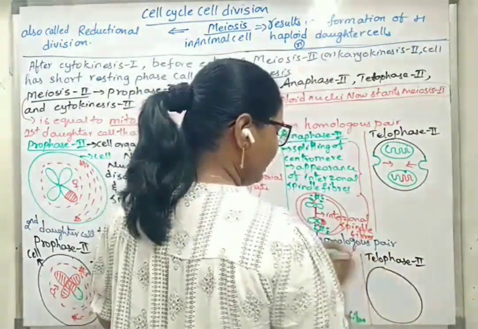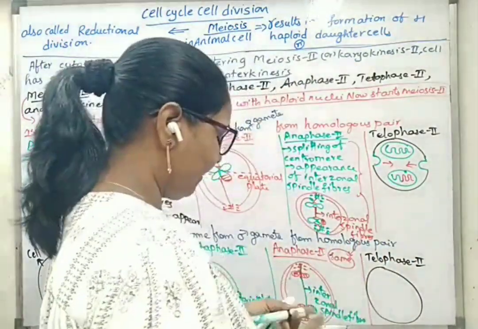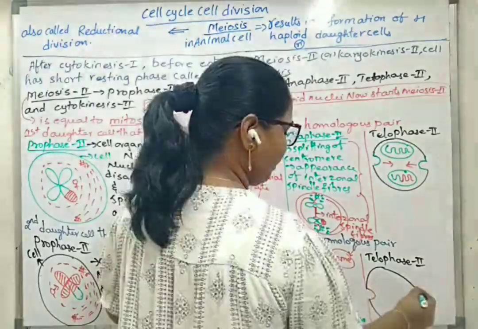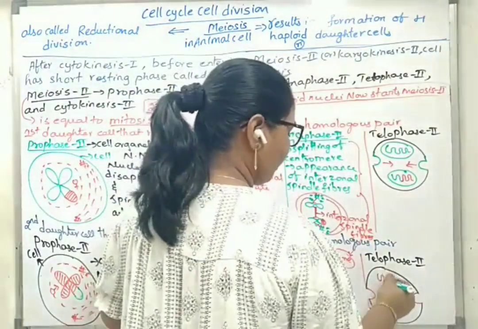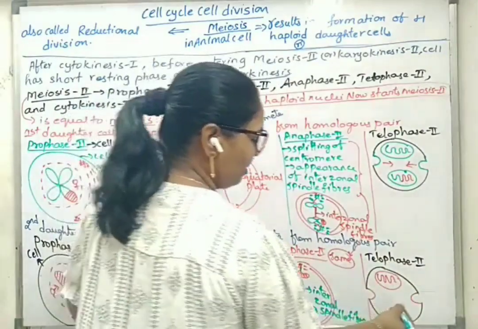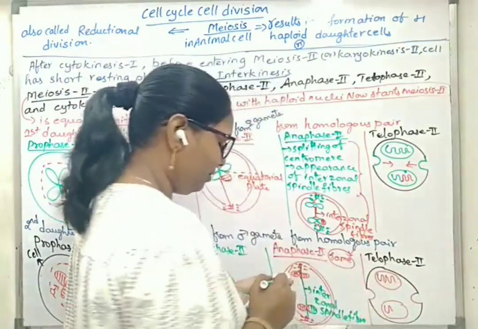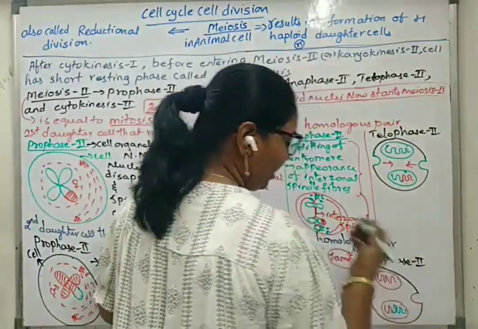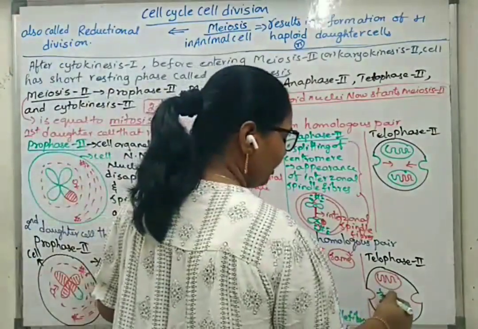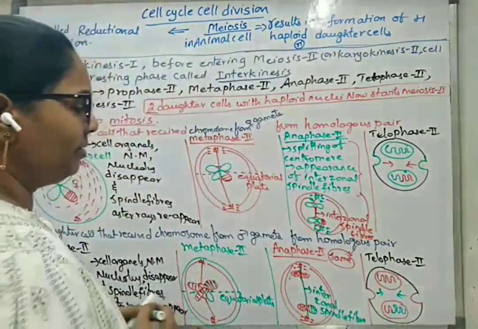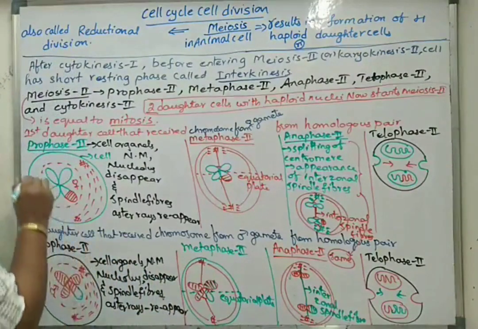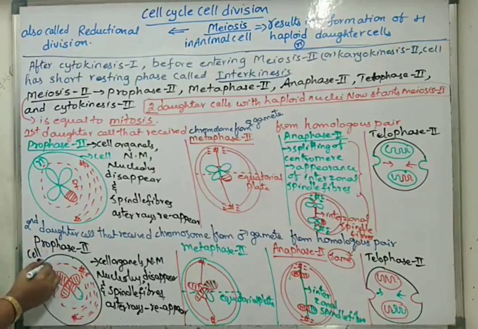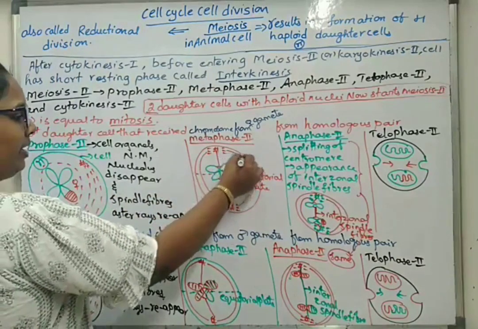Now what happens in this cell? The genetic material exchanged during pachytene will be moving to the opposite pole. Now we will write the ploidy condition. When it is entering into meiosis 2, the ploidy condition of the chromosomes is n. Here also n, here also n.